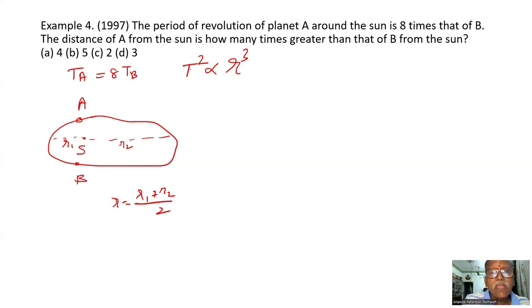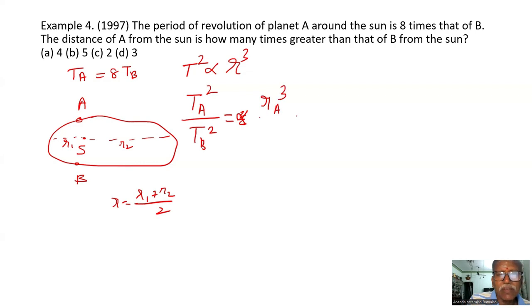We know that T square is proportional to R cube. Therefore, TA square divided by TB square is proportional to the ratio. That's why we can put equal: RA cube divided by RB cube.